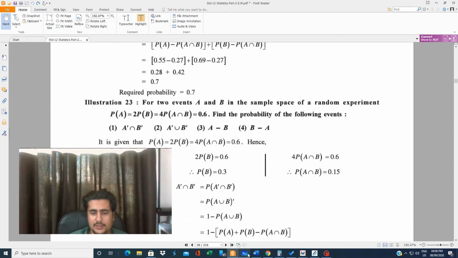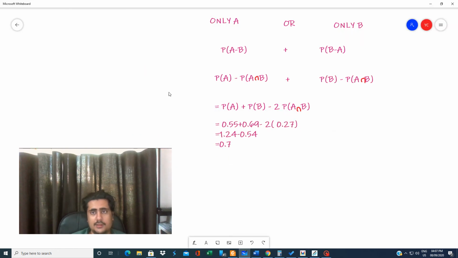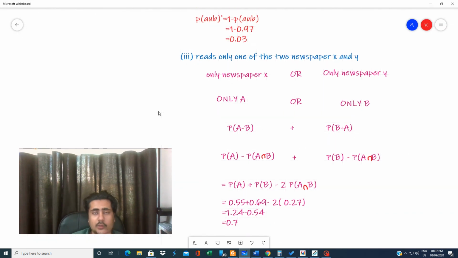Now what I was telling you is that this is the logic. Only A or only B: A minus B, B minus A. You have to remember this logic. A minus B means A minus intersection, B minus A means B minus intersection.